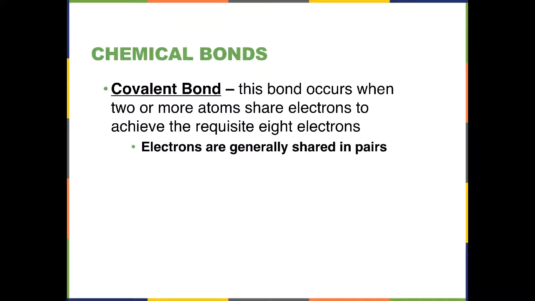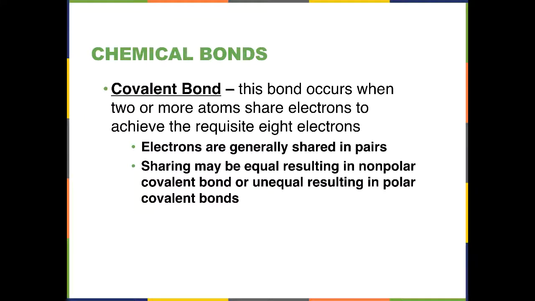The electrons are shared almost always in pairs, and the sharing can be equal, which is what is meant by a nonpolar bond, because there's equal sharing between the two, or the sharing can be unequal, which causes what we call a polar bond. Now, the reason it's polar is because whichever of the two has the electrons for a longer period of time will have a negative pole, and the other side, which has the electrons for less time, will be positively charged.